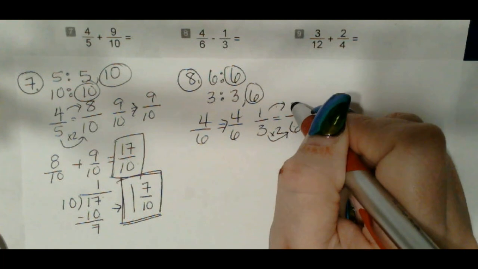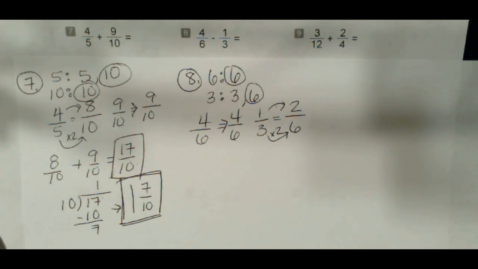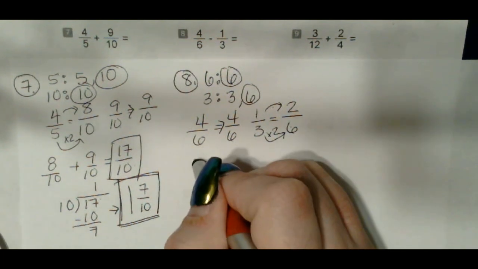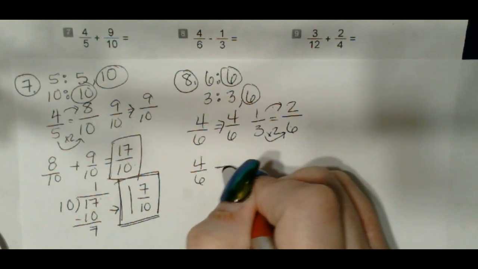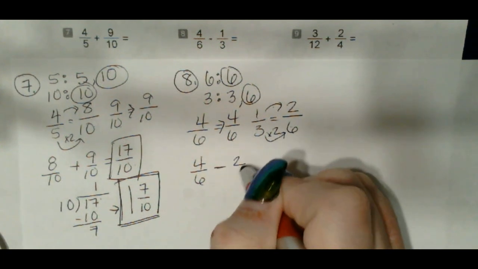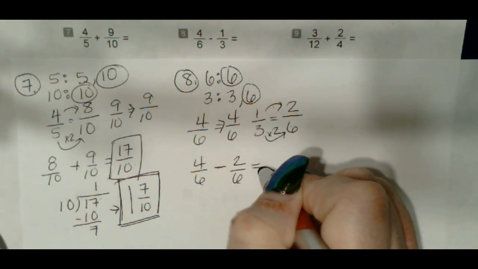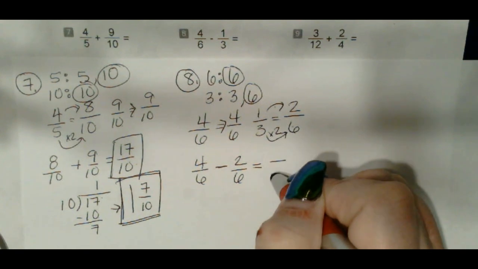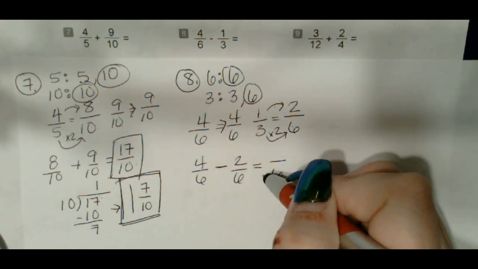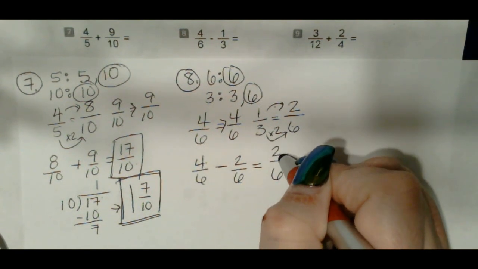So 1 times 2 is 2. Now we do our operation. We solve. 4 over 6 minus 2 over 6. Our denominator stays the same, and we subtract the top. 4 minus 2 is 2.